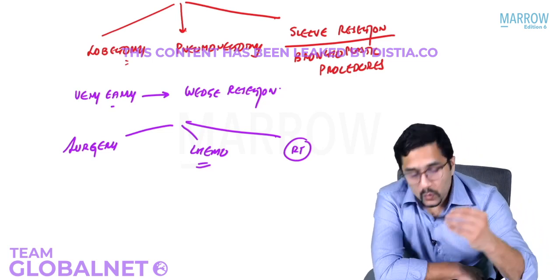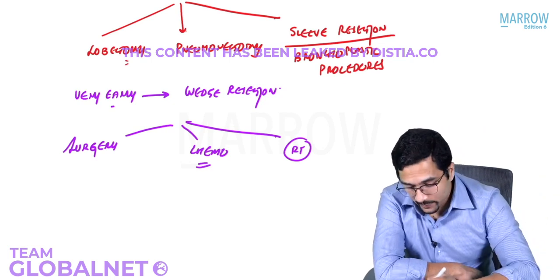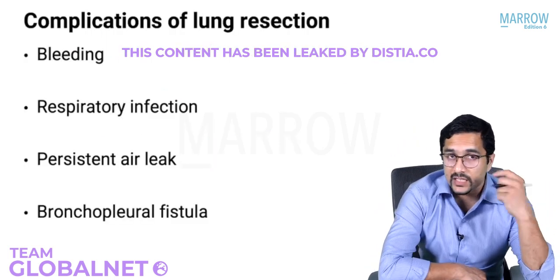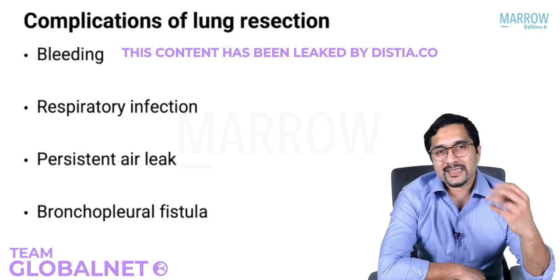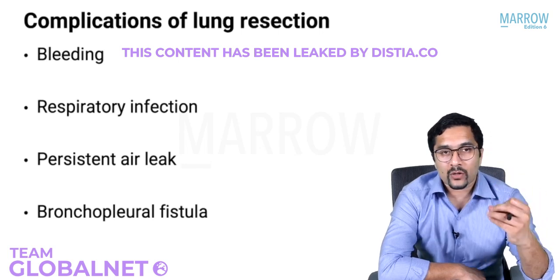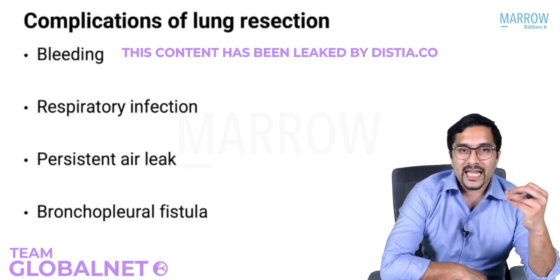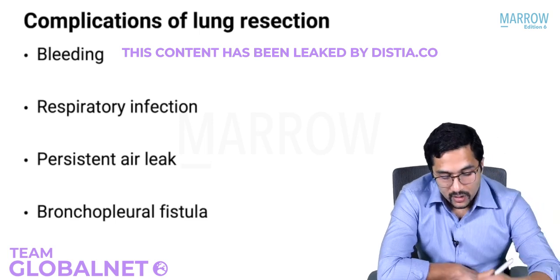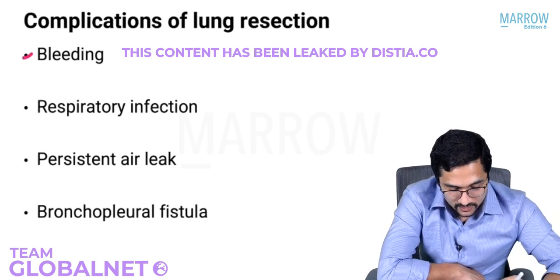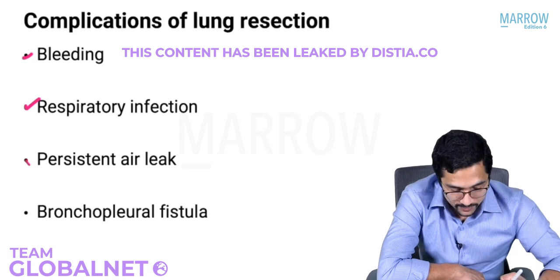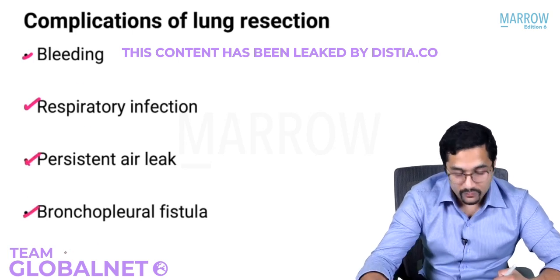Now, whenever we do surgery, there can be complications of lung resection as well. And I told you at the starting of this module that we use the thoracic score to predict mortality following lung surgery. The complications can be bleeding, respiratory infection, persistent air leak, bronchopleural fistula.